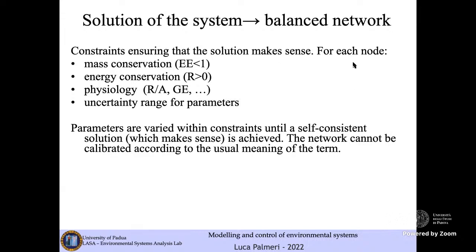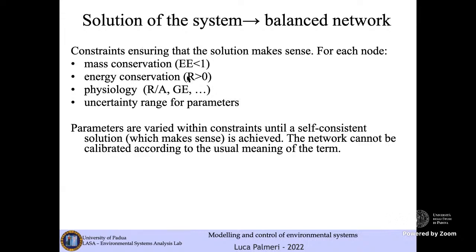In particular, for each node, or if you want, for each compartment, we have to assume mass conservation. This means that ecotrophic efficiency should be less than 1. I remind you that the ecotrophic efficiency is the percentage of the production that is employed in the system. So we look for balanced networks in which ecotrophic efficiency is smaller than 1.